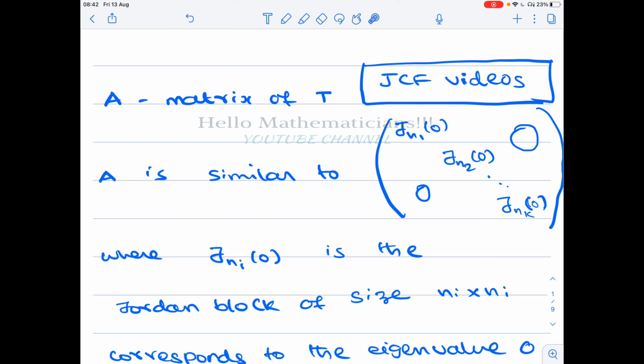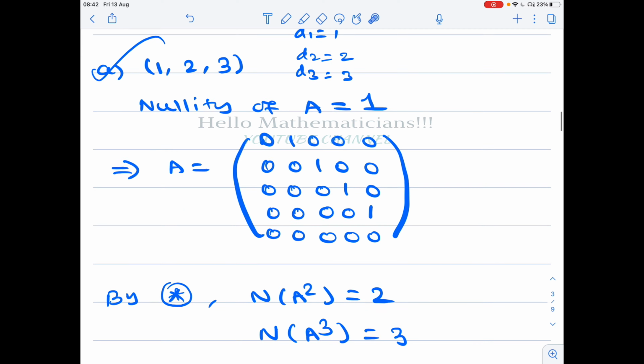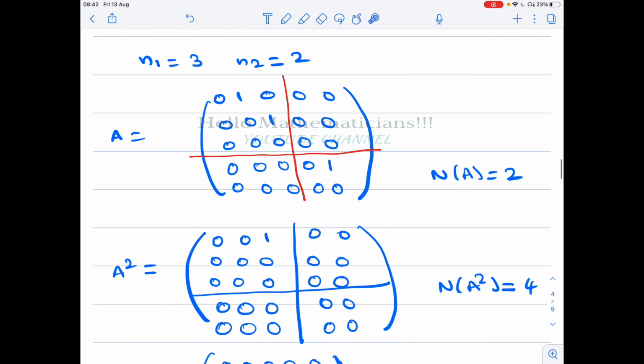But blocks of size at least 2, each of them will give one nullity to the square of the matrix. Therefore the nullity of A square equals the nullity of A plus the number of Jordan blocks of size at least 2. So by using that we can in general solve this problem. So let's see how to do it.